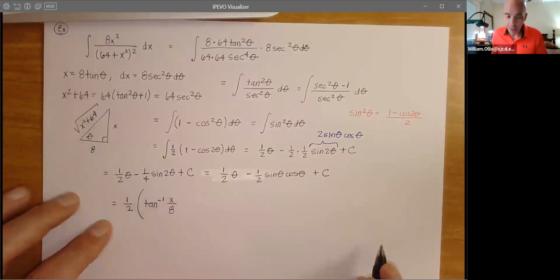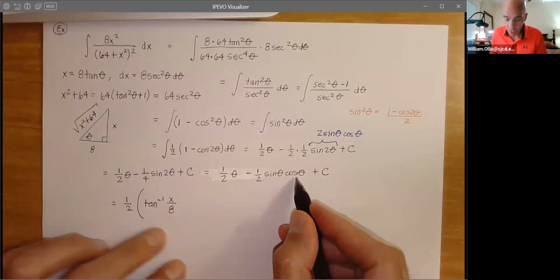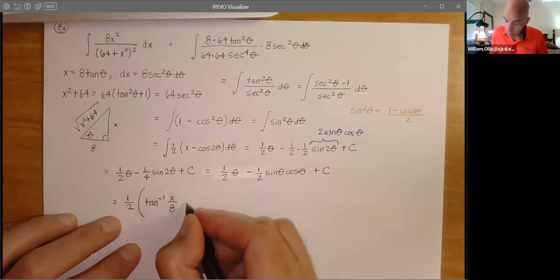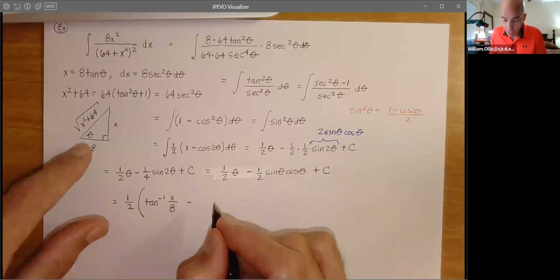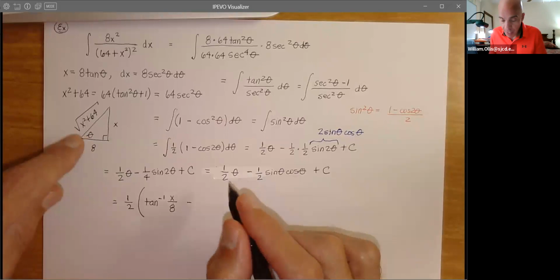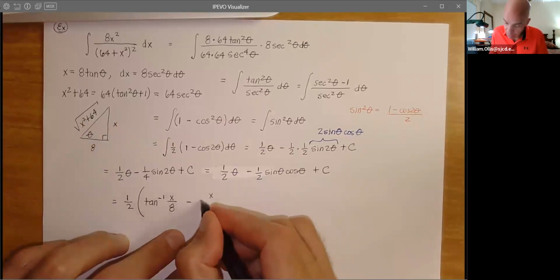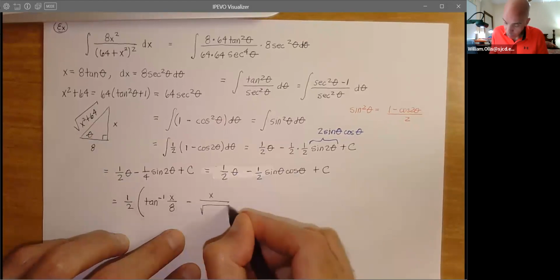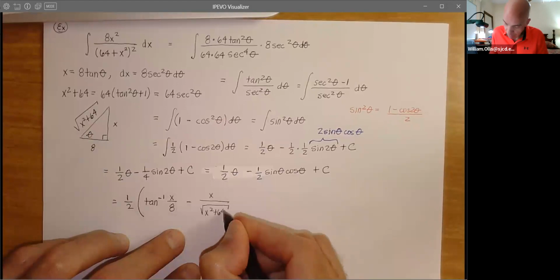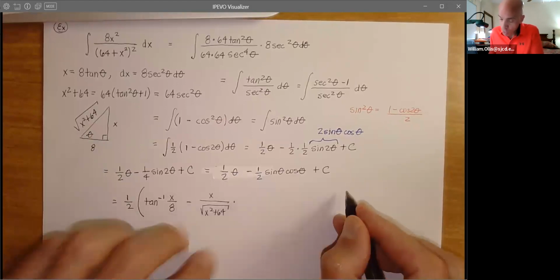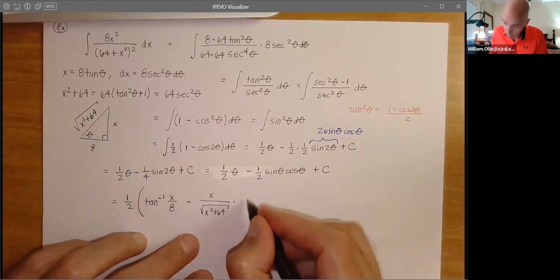And then lastly, we want to replace sine theta and cosine theta with the triangle. So now we've got minus, the 1/2 has been factored. The sine theta, in this case, will be opposite over hypotenuse, so we get x divided by the radical. And then, of course, the cosine will be the adjacent over the radical.